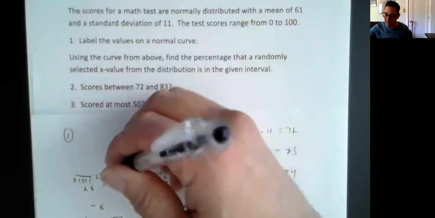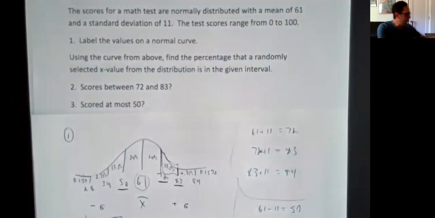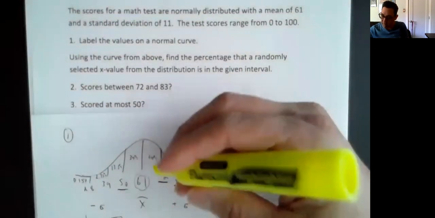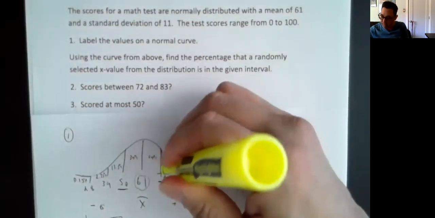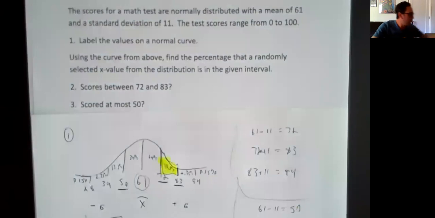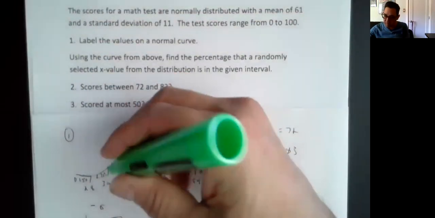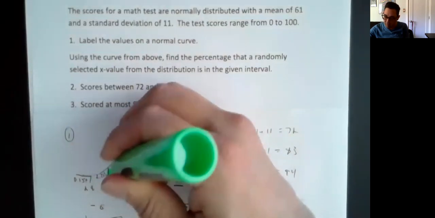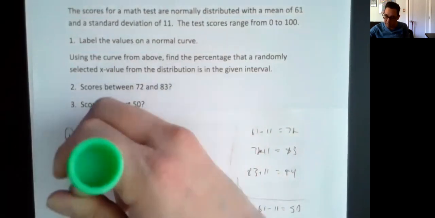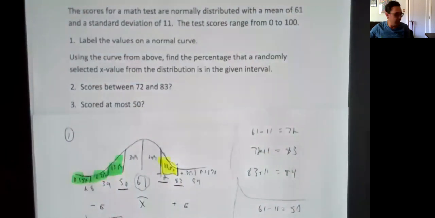So on problem number 2, we were counting just this range, and that's it. On problem number 3, at most 50, we're counting anyone who scored 50 or lower. That's what we're counting up.